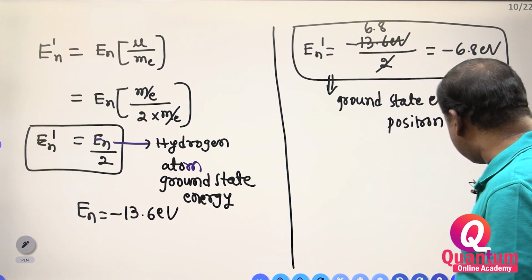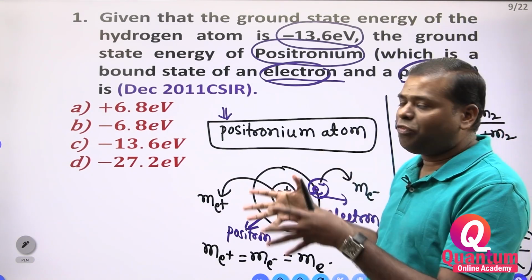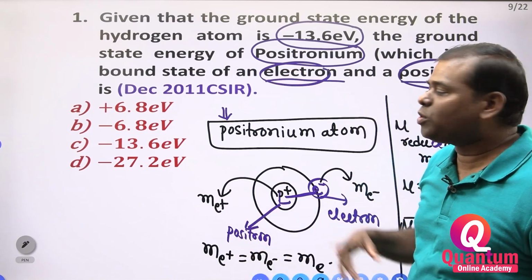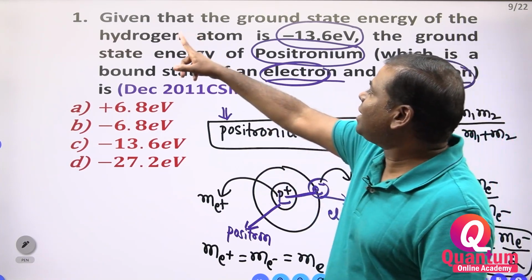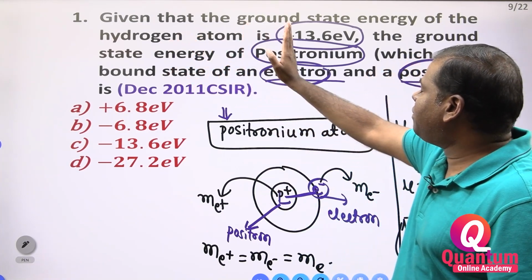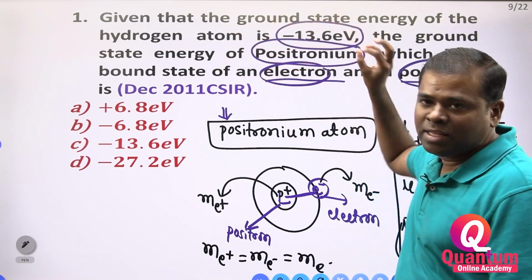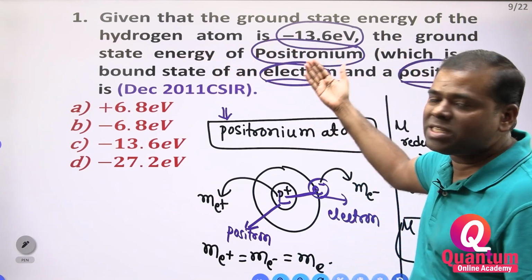Once again, you have to listen to how I am doing it. This is a finite mass correction formula. From the finite mass correction formula, they asked this question in December 2011 CSIR. Given that the ground state energy of the hydrogen atom is given, you have to take that data. Then they ask for the ground state energy of the positronium atom.